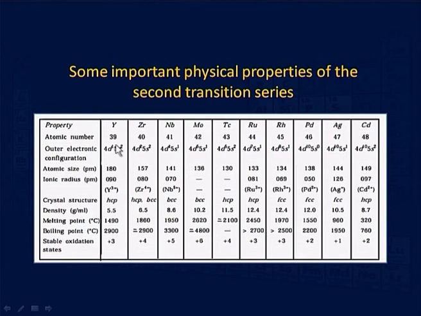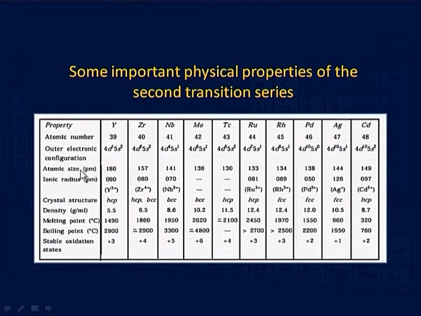In addition to the outer electronic configuration, the atomic size in pm is given in this table. As you can see, it decreases as we move from left to right in the series and reaches a minimum in the middle of the series, and again remains almost constant up to the second last element, that is silver, and there is a slight increase in the size at the end of the series.